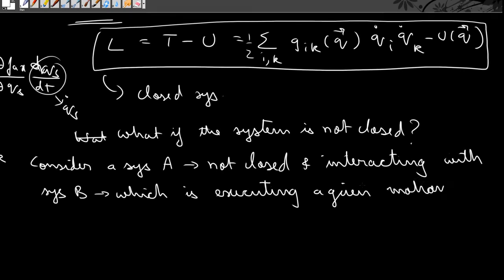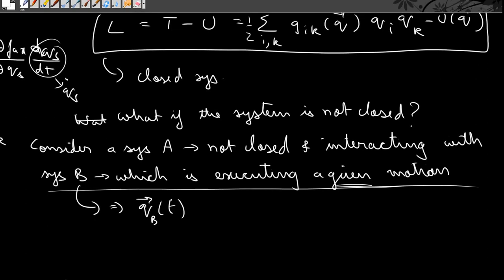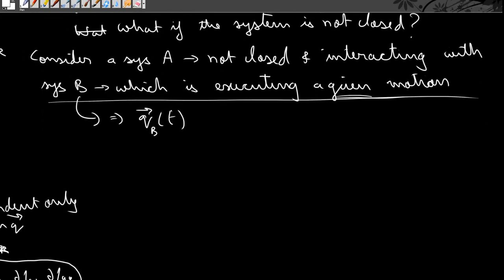So what do we mean when I say system B is executing a given motion? This given motion implies we already know how the system B is moving. This implies that we know what q_B(t) is, which means we know how all of its coordinates vary with time.